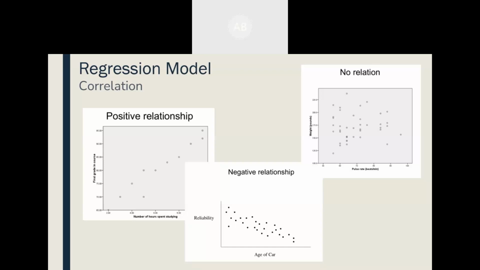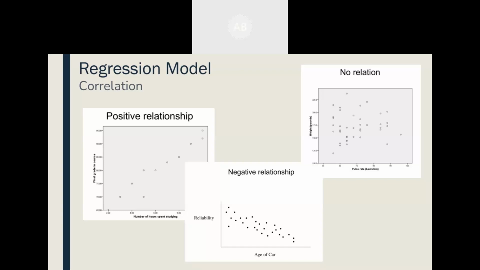When you look at the grades the students achieve, you will see a positive relationship. That means the number of hours spent studying is directly proportional to the final grade. One increases along the x-axis, and the other also increases along the y-axis. So you can say there is a positive relationship between these two variables.